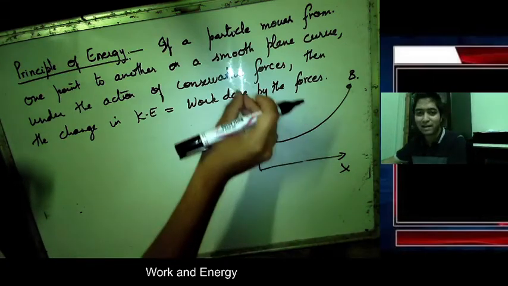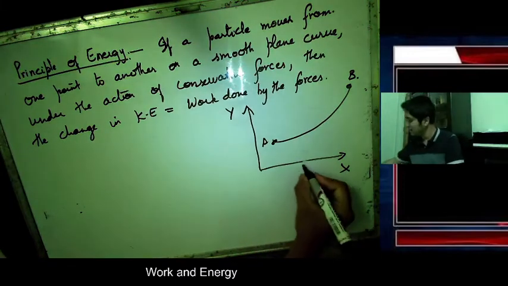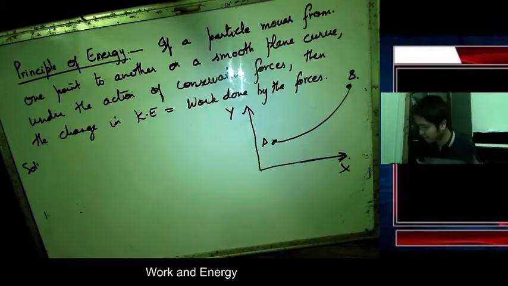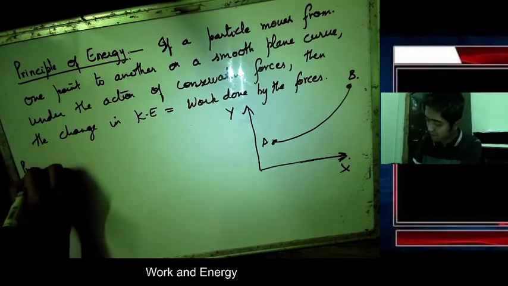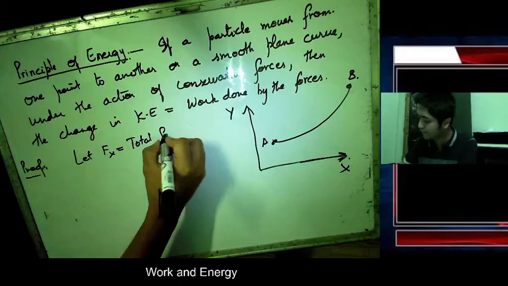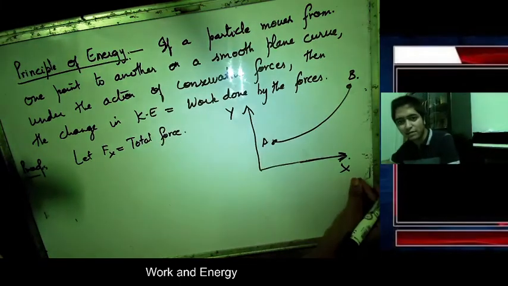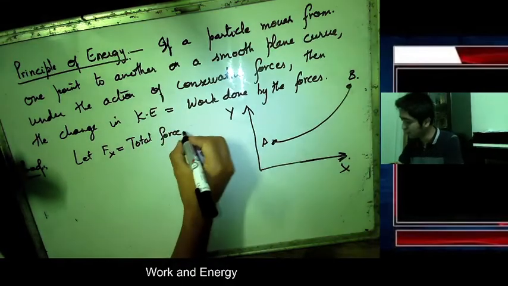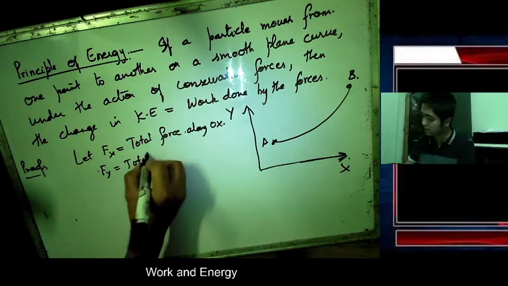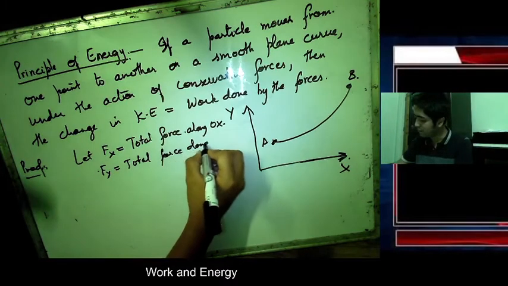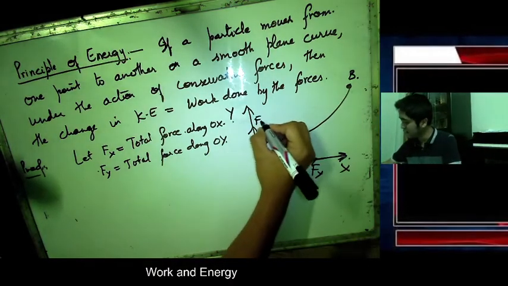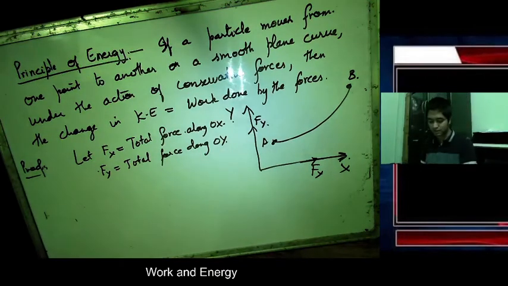Maybe I can write it like this, as proof: let Fx equal total force along x, since the forces can be resolved along the x-axis, and Fy equal total force along Oy. So Fx is acting in this direction and Fy is acting in this direction. It is the total force.